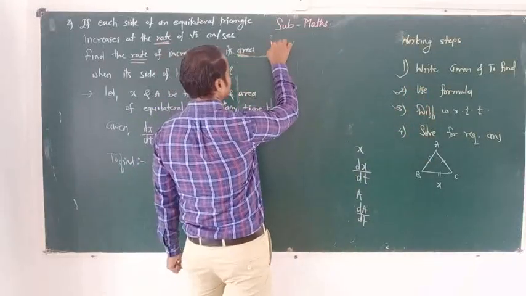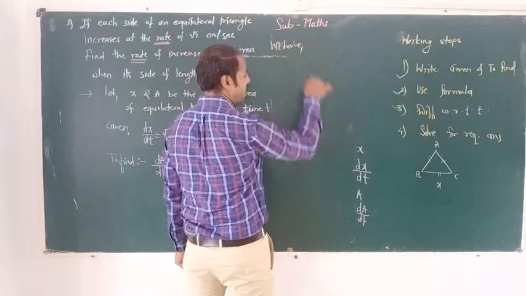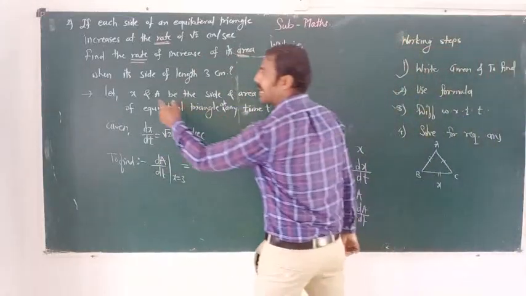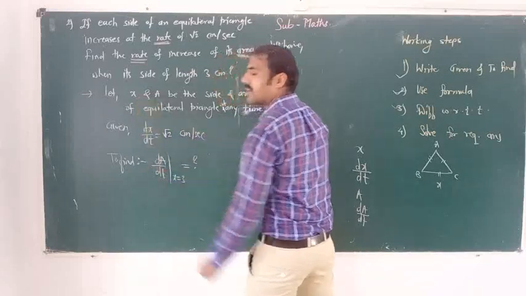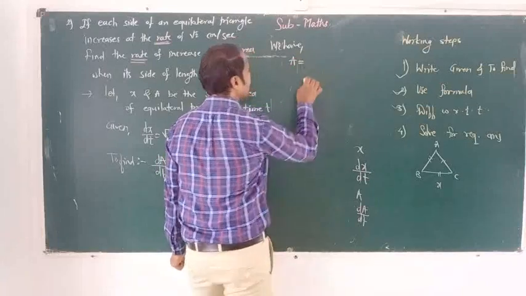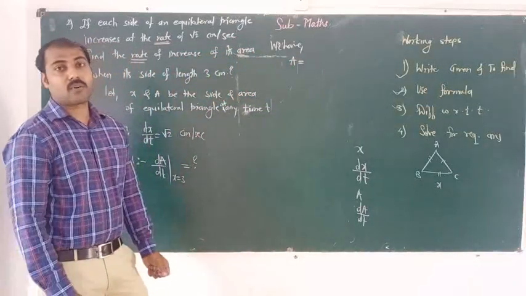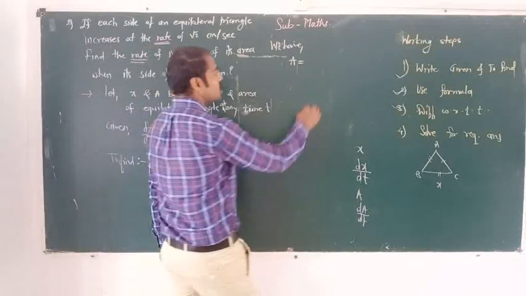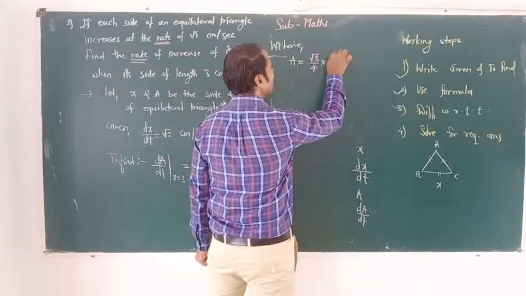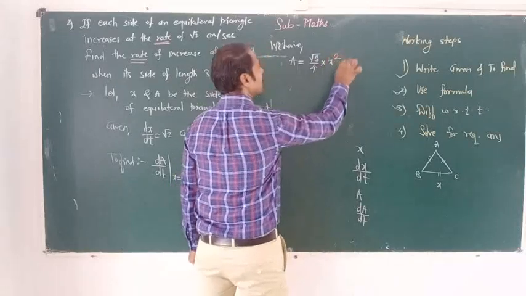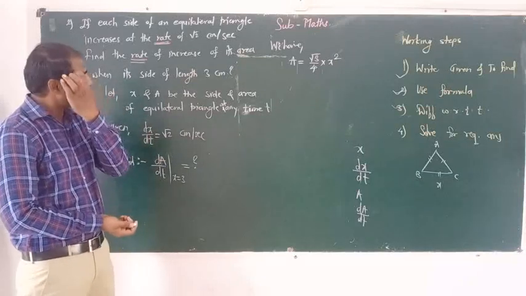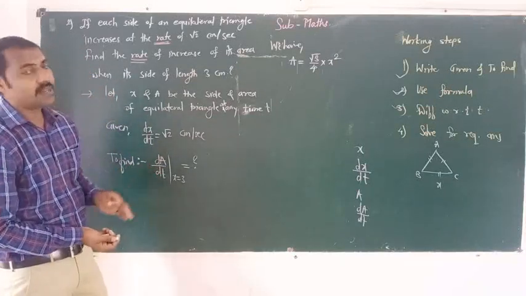What is the formula for equilateral triangle in between two variables x and A, means side and area? Area of equilateral triangle is equal to root 3 divided by 4 into side square.